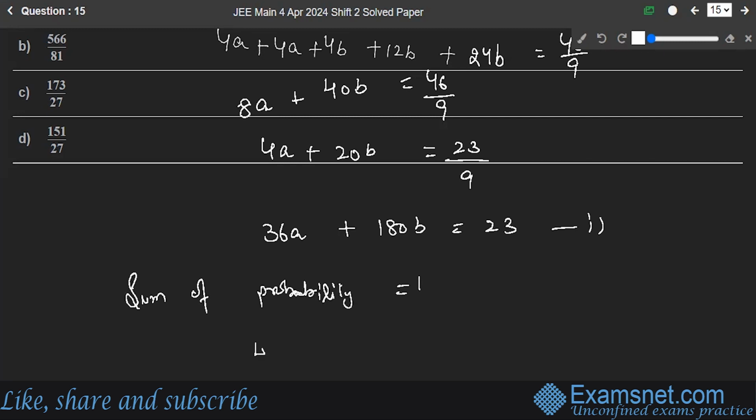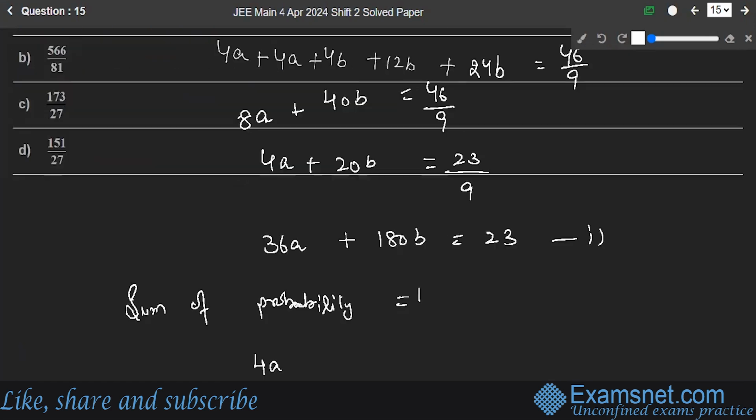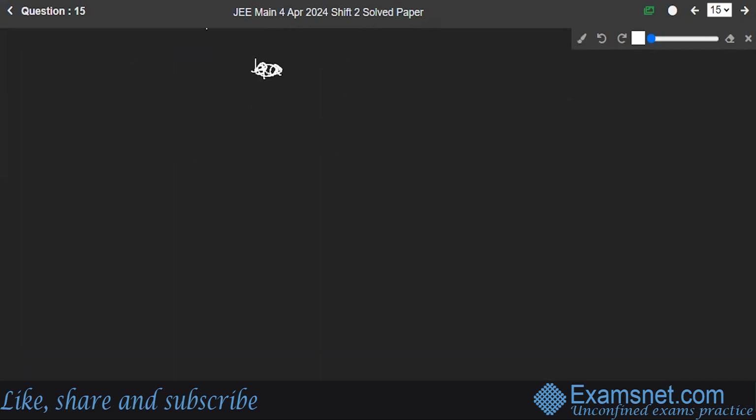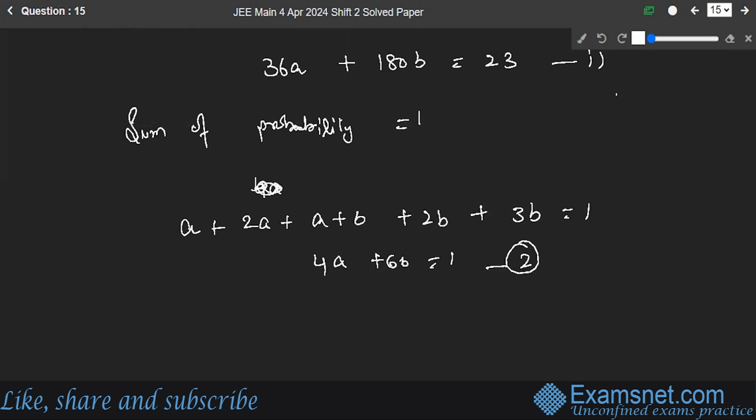So a plus 2a plus a plus b plus 2b plus 3b is equal to 1, or 4a plus 6b is equal to 1. Let's say these are equations 1 and 2. I'll be solving these two equations simultaneously.